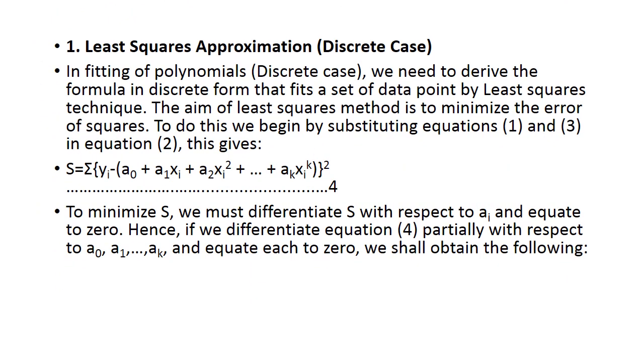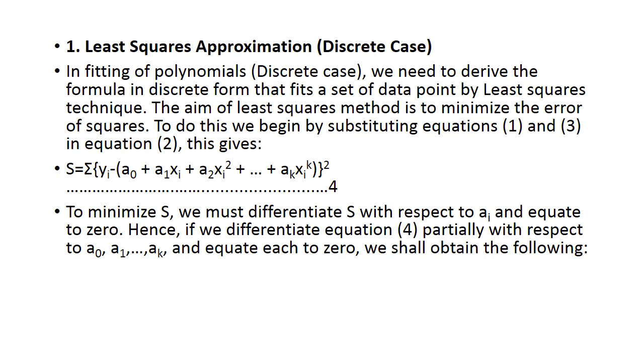Least square approximation method could be divided into two: we have discrete and continuous least square. In the discrete least square approximation method, we fit a polynomial function by deriving the formula in a discrete form that fits a set of data points by the least square method.